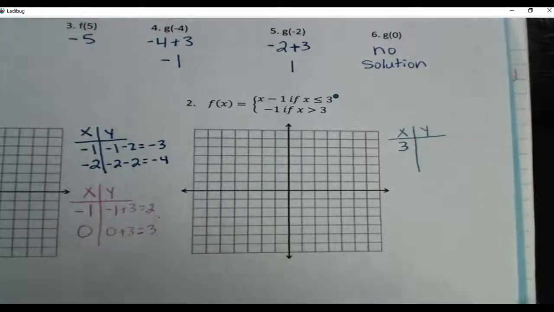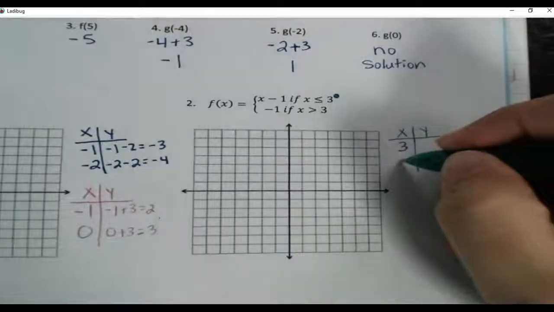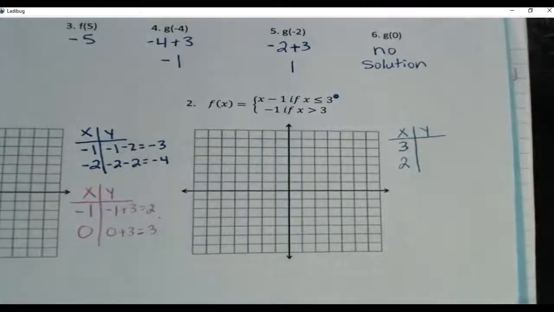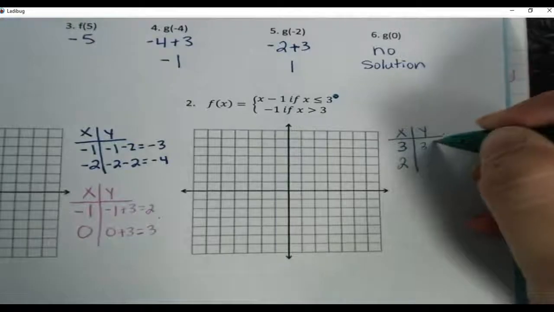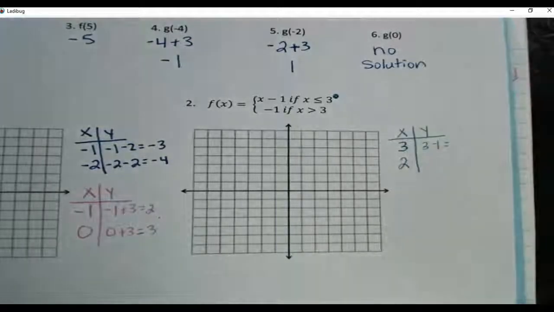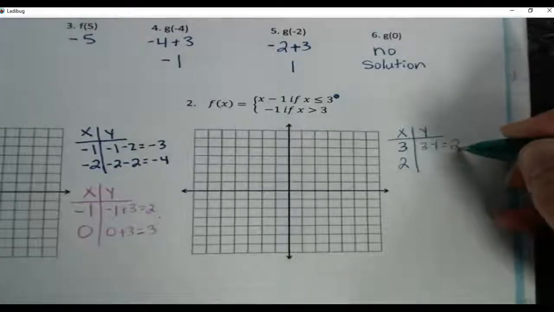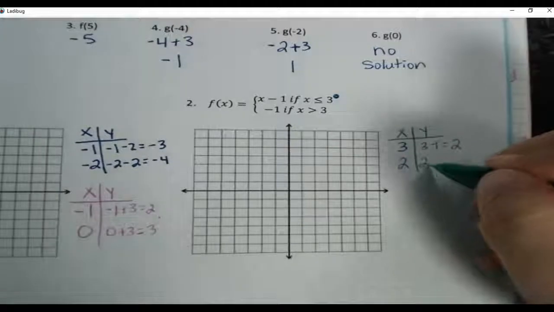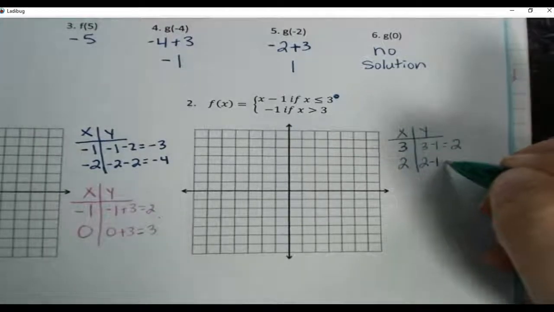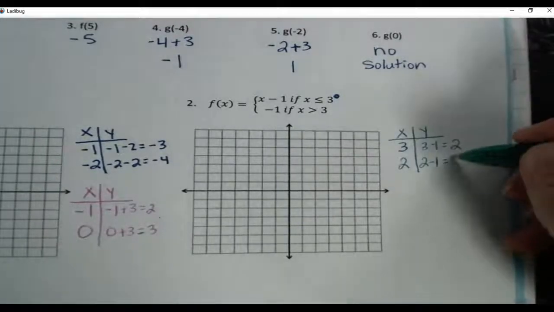But I want all the x's that are less than 3. So what's less than 3? 2. And then again, we just plug it in. So 3 minus 1 gives us 2. And 2 minus 1 gives us 1.